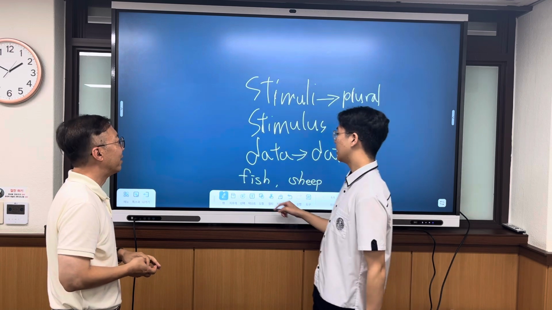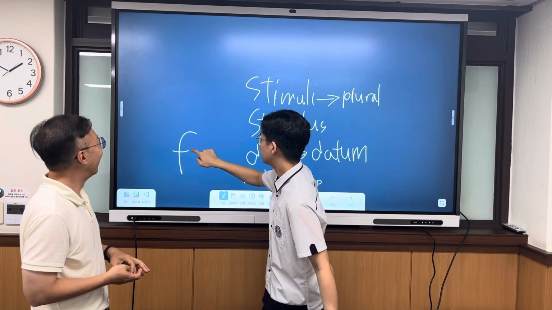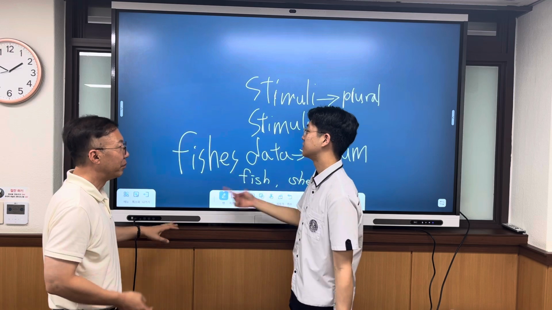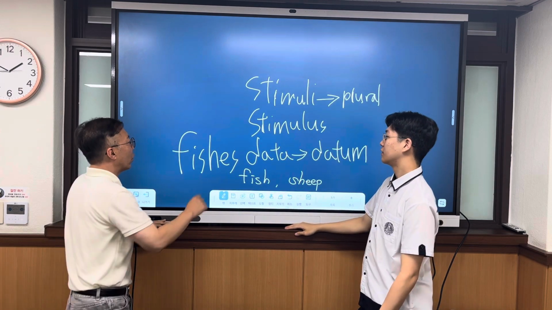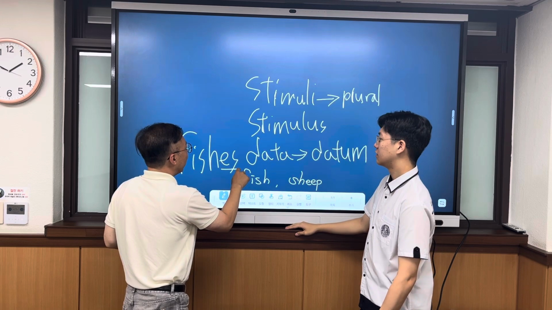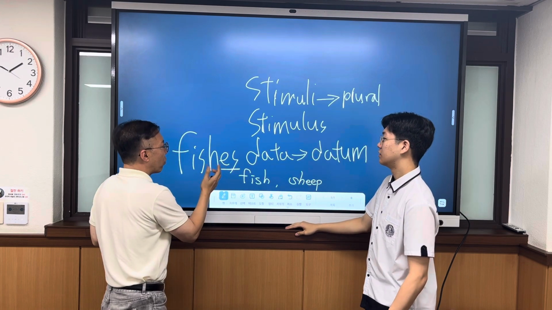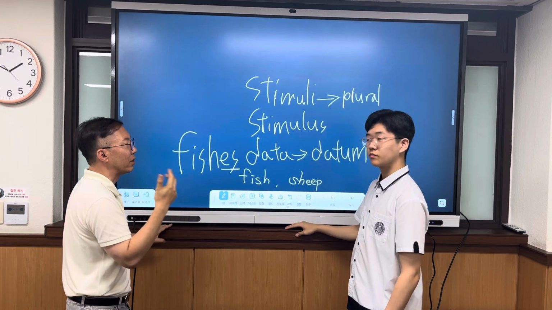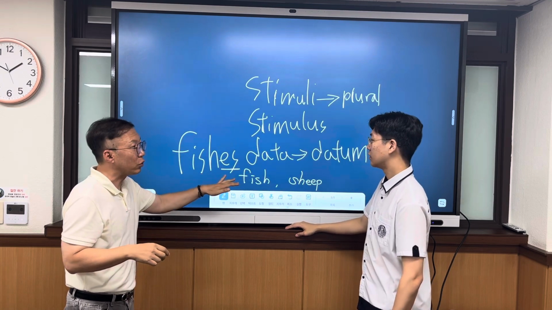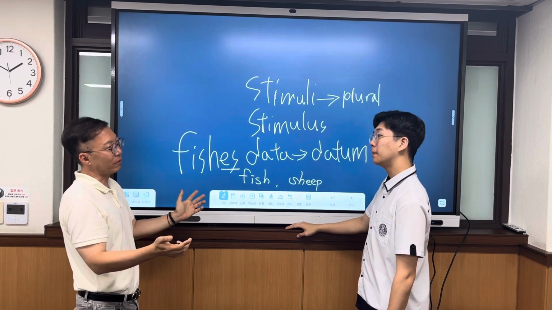That's true. Isn't there a word fishes? I think I have witnessed this kind of word somewhere. So yes, it is possible we can use a plural form of fish. When we use a plural form, we are referring to different types of species. So in fish, we have many different species of fish.